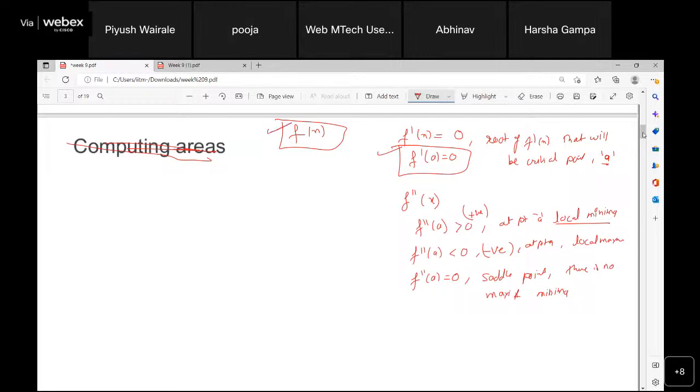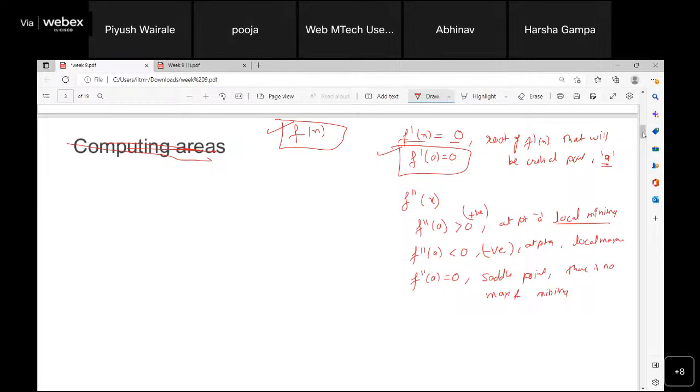If given any function f of x, just differentiate it, equate to 0, and find the roots of this equation. The roots will be the critical points, right? Now just differentiate once again, the second derivative test, and put those critical points here. If it is greater than 0, that is positive, then at this point we will have a local minima.